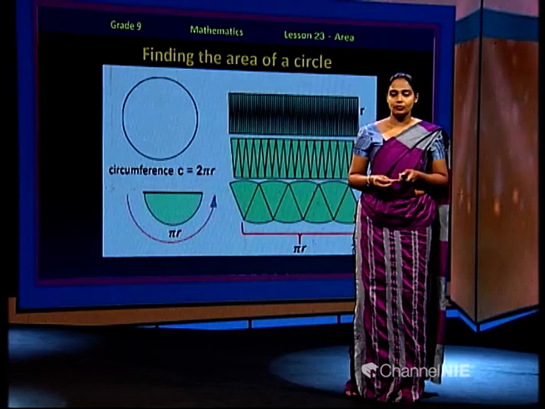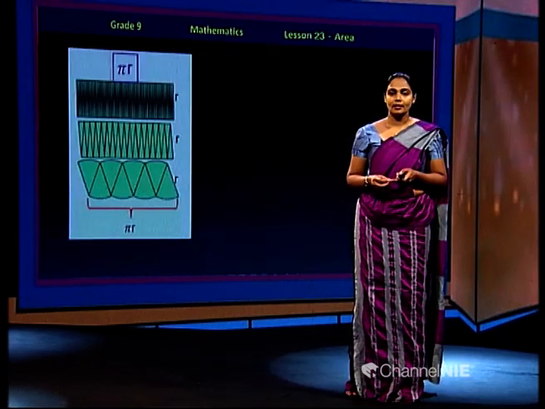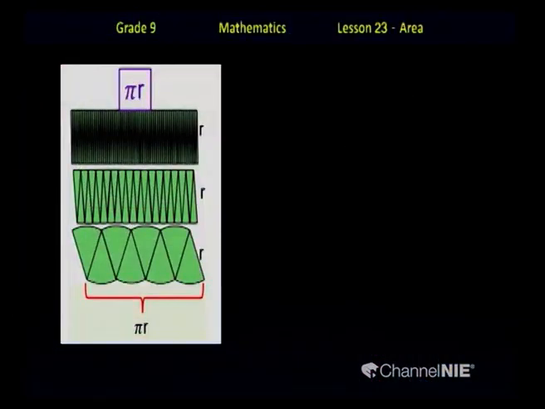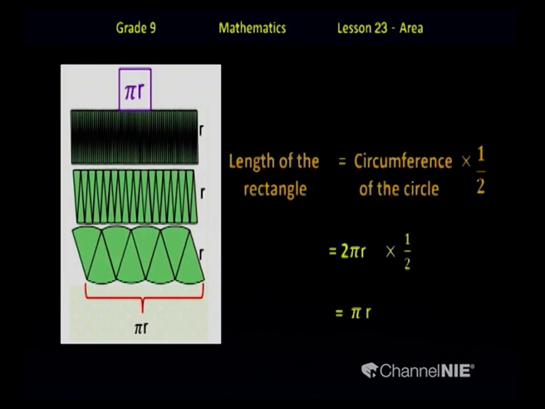Now let's go to the next one. You can see the same diagrams here. The length of the rectangle is mentioned as πr and the breadth is r. The length of the rectangle should equal the circumference of the circle multiplied by half, because the length of the rectangle is half of the circumference.